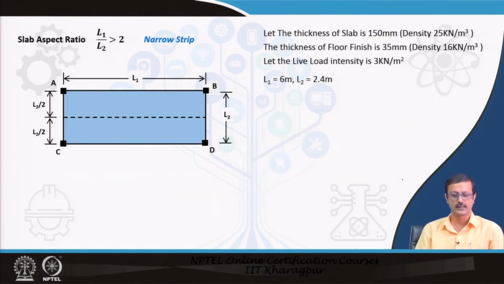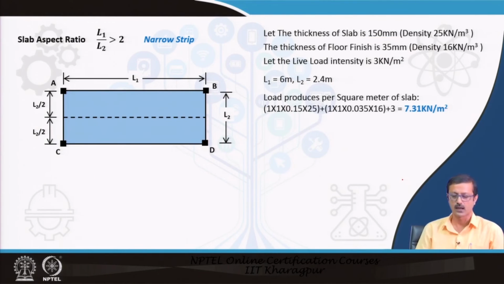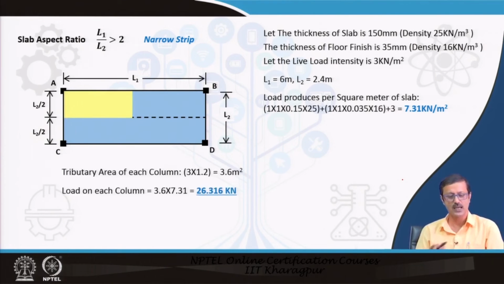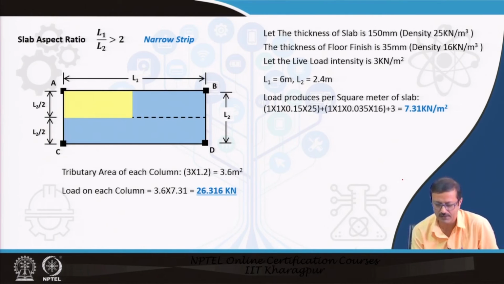Let us go to the next aspect ratio. Now let us see what is going to happen to the column influence. So this column will have this yellow area influence. I have already found out the total load per square meter.